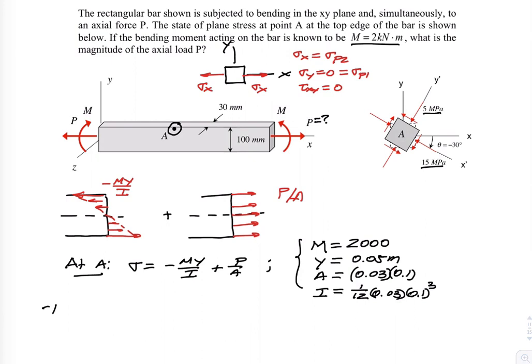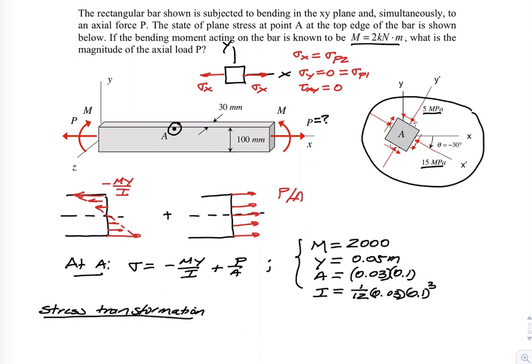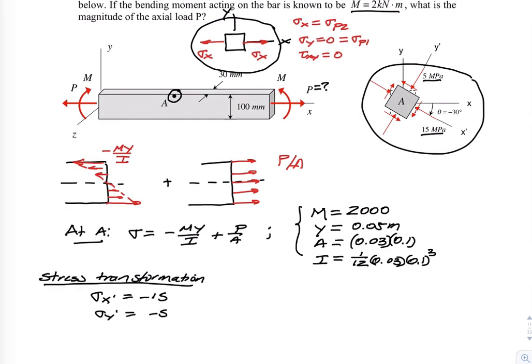What I want to do is move on to the stress transformation, because what we want to do is relate the known components of stress here to what we know best in terms of P and M. So we know that sigma x prime, reading that from the picture, is minus 15. Sigma y prime, reading that from the given information, is minus 0.5. And the shear stress at that rotated state, we don't know.